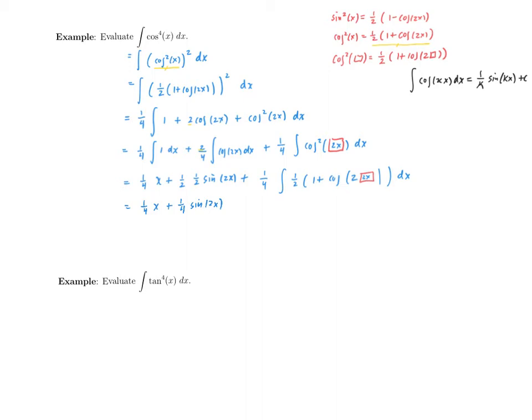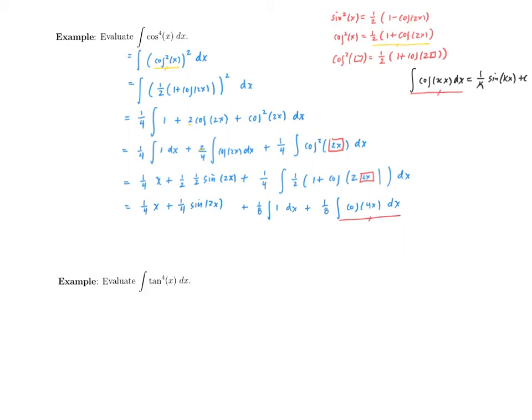So we have 1/4 times 1/2, which would give us a 1/8 times the antiderivative of 1, plus 1/8 times the antiderivative of cosine of 4x. And note, once again, in this case it's cosine of 4x. That's precisely the form that we've already discussed.